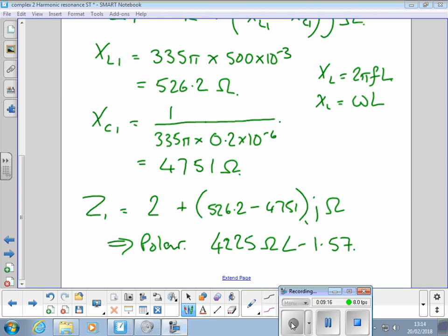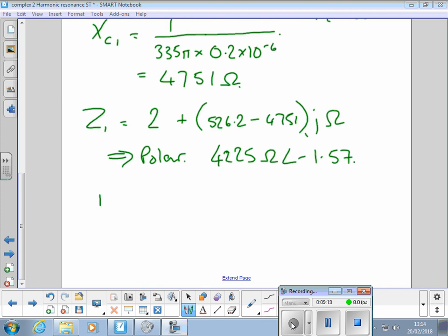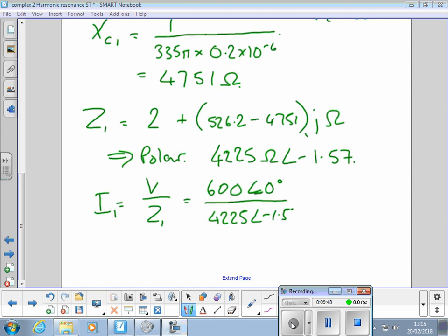Yeah. So from that, how can we calculate the current I at the fundamental? Yeah, 600 divided by this 4225 angle minus 1.57.